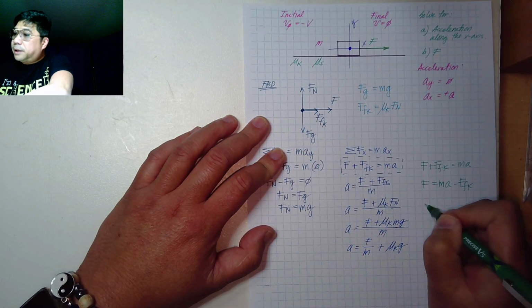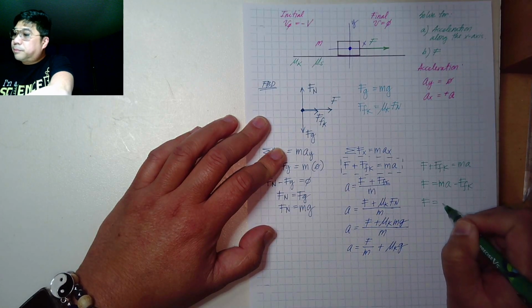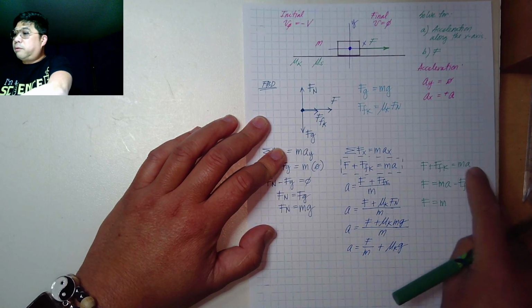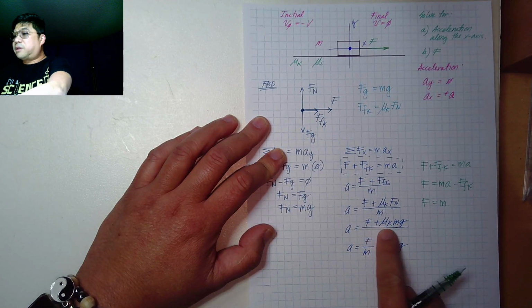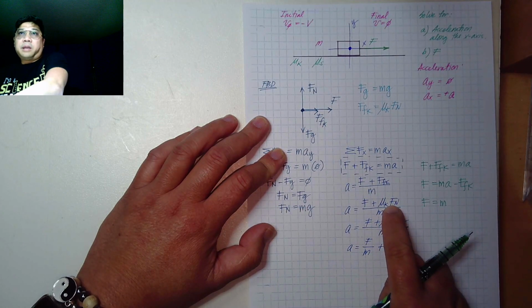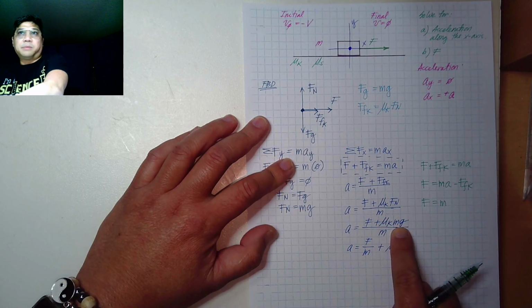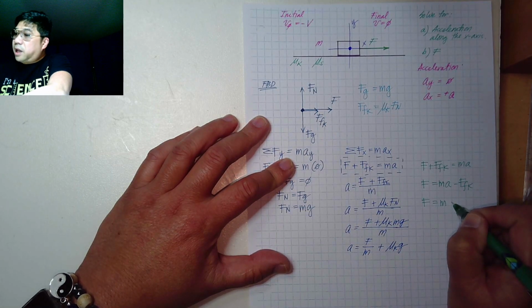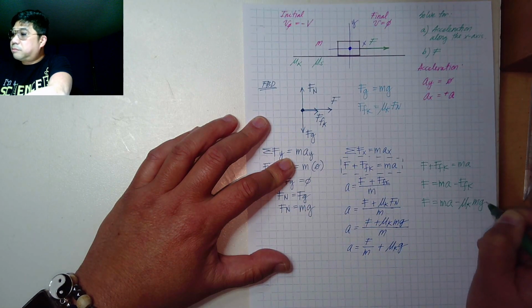So now let's simplify it by changing the force of kinetic friction into the equivalent, which is mu k times Fn, or we can just go straight to our mass times g. So that is ma minus mu k times mass times g.